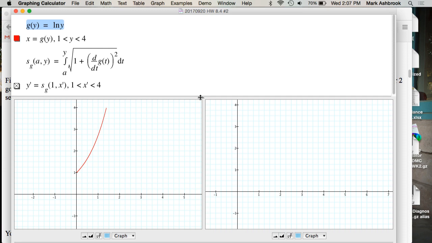So horizontal line. What do you think? Let's see. Where's Pingfeet? You agree with that? Horizontal line? Okay, so what would you say? The arc length function.